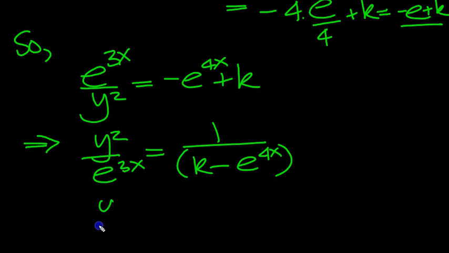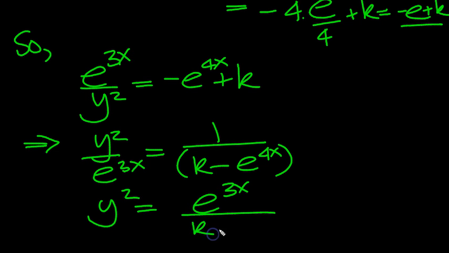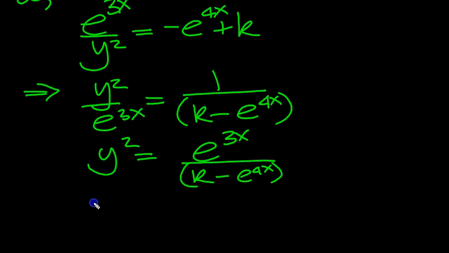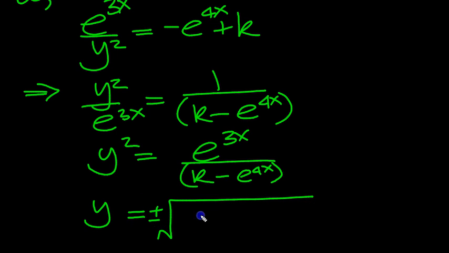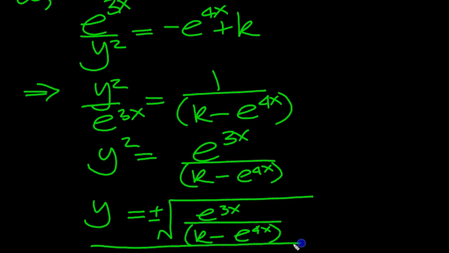And then we can move the e to the 3x up from divide to times on the other side. There we go. And now let's square root both sides. So y will equal the square root of plus or minus e to the 3x all over k minus e to the 4x. There we go. And there's the final answer.